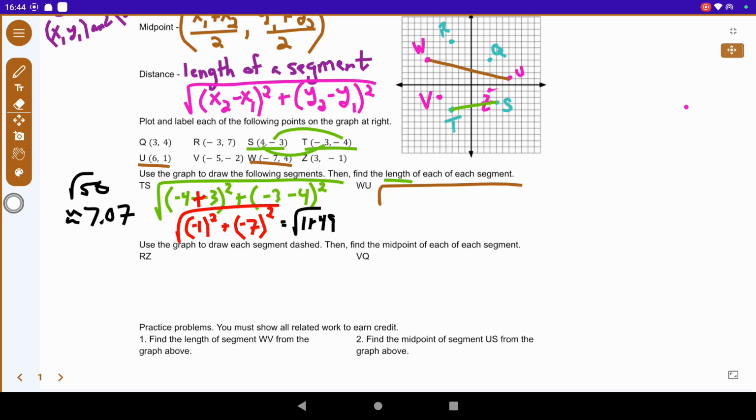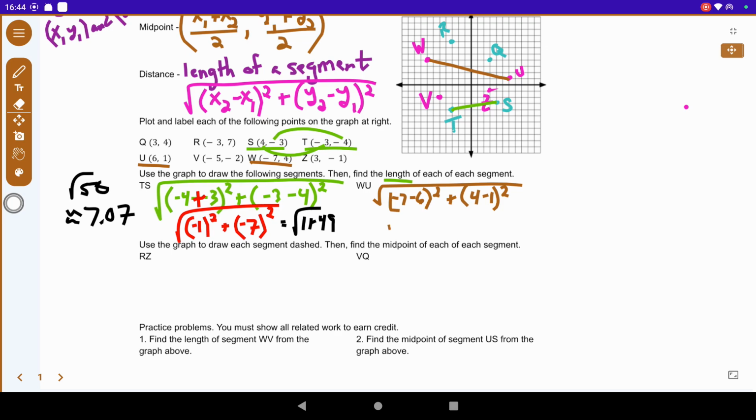As long as you're subtracting the two x values and you're subtracting the two y values, it really doesn't matter. So, to match the formula, I'm going to subtract the two x's here. So I'm going to go negative 7 minus 6. And then 4 minus 1. Again, I try to go in order.